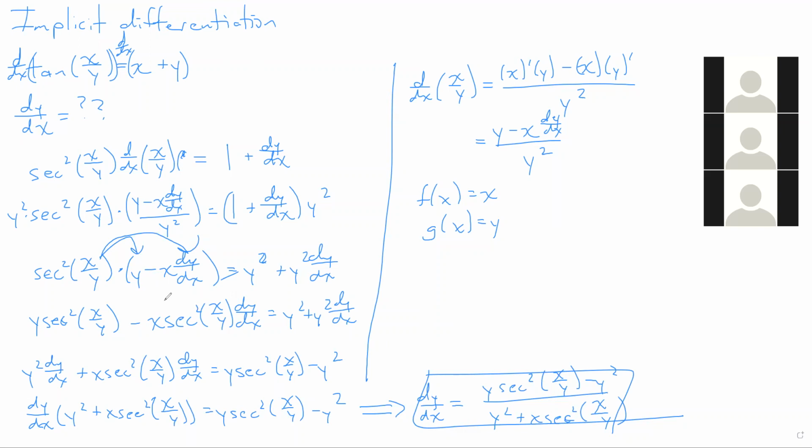And something else you mentioned was how I rearranged those terms. In this term here, you're multiplying these three things together: x, secant squared of x over y, and dy/dx. You can technically put those in any order you want. I just chose that based on preference.